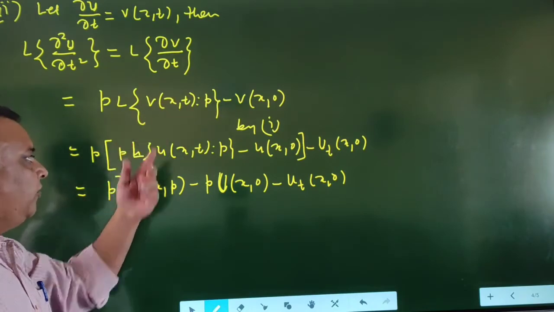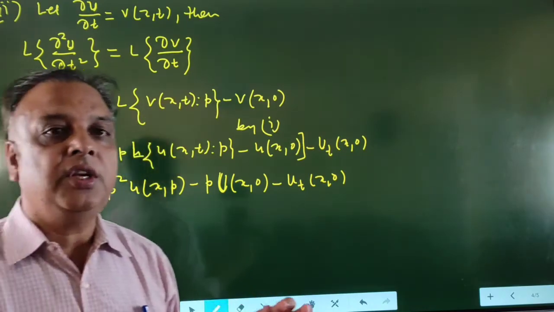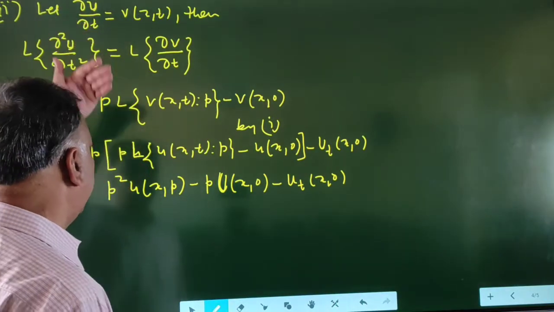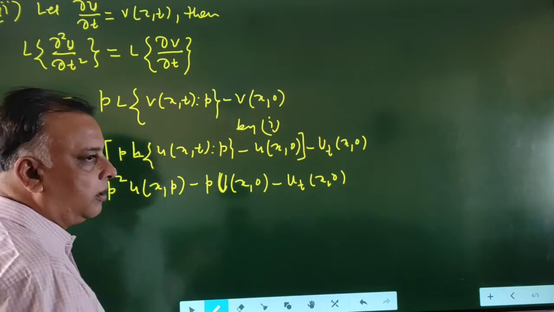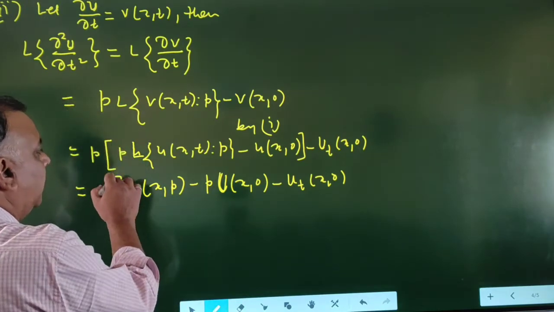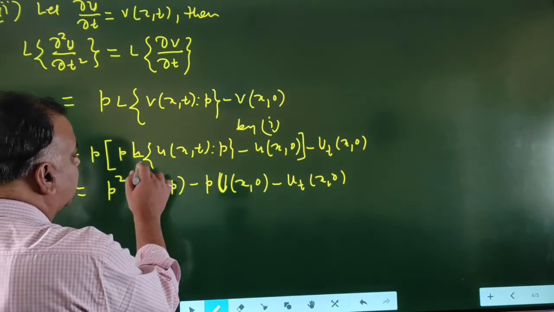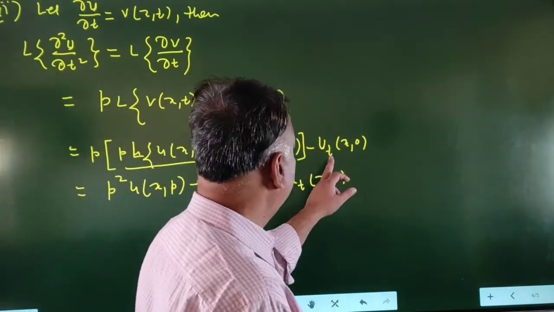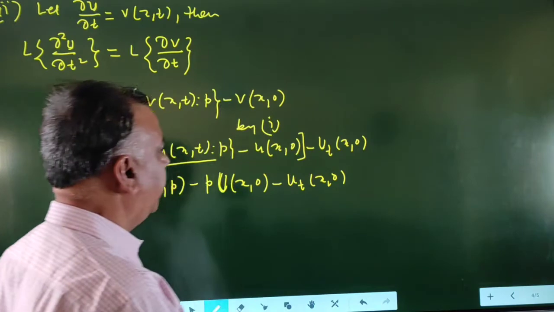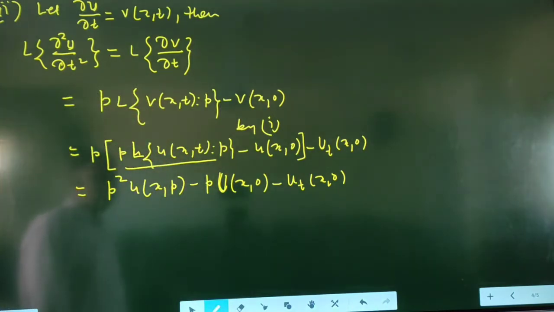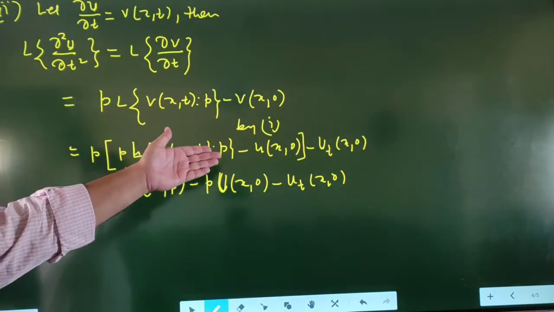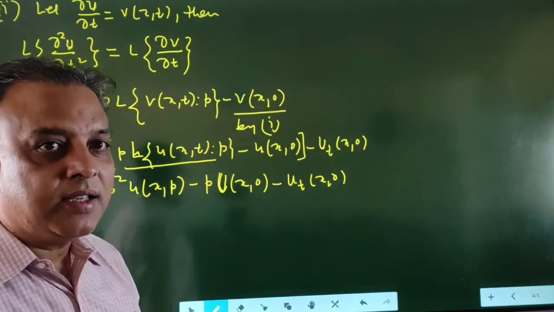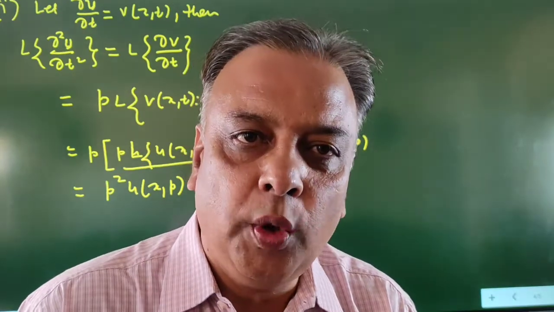And writing the value of v(x,t) as del u upon del t, the Laplace transformation of del u upon del t we have already obtained by the first result. So this is equal to p multiplied by p times the Laplace transformation of u(x,t) minus u(x,0), minus u_t(x,0). Here v(x,0) is the partial derivative, since v(x,t) is del u upon del t.